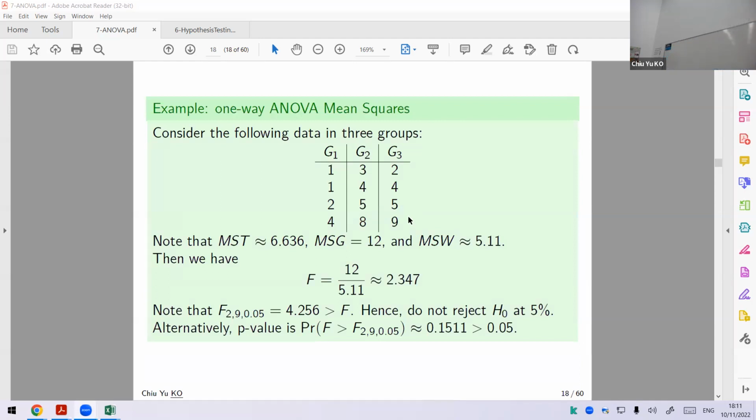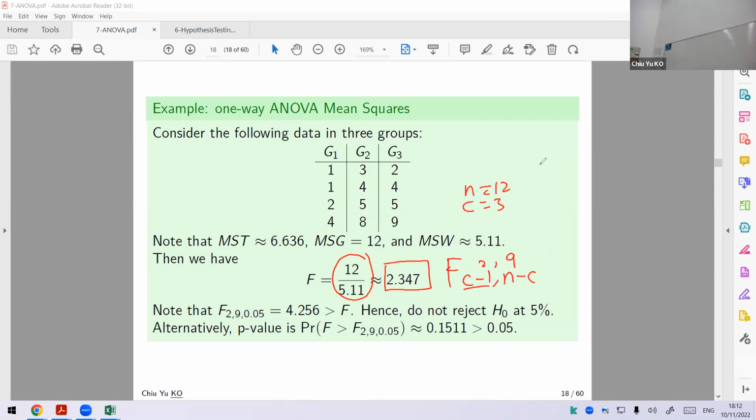Here it's very simple. We just calculate the MSG over MSW. Once you calculate that, you compare it to F with C minus 1 and N minus C degrees of freedom, which is 2 and 9, because C is 3 and N is 12.